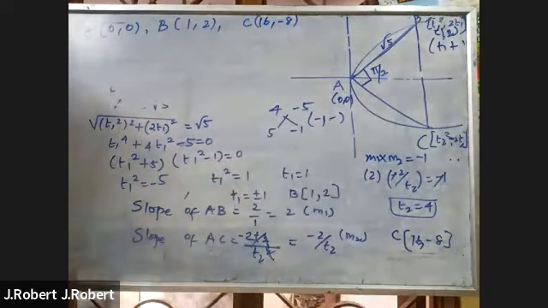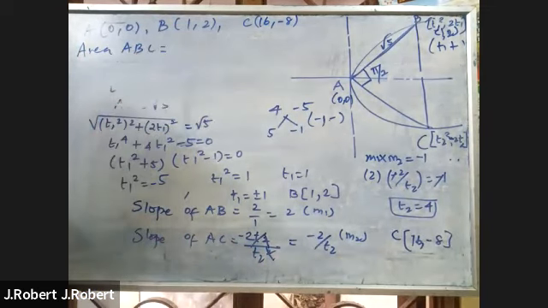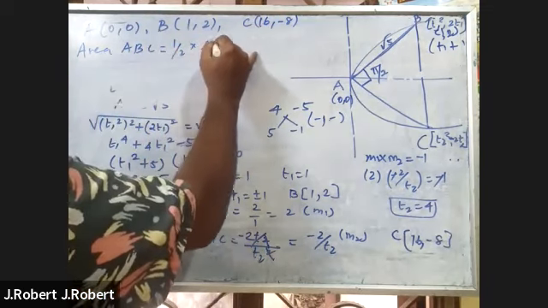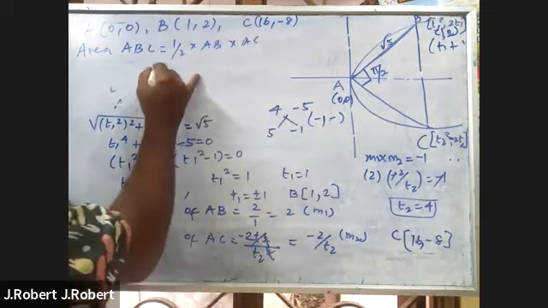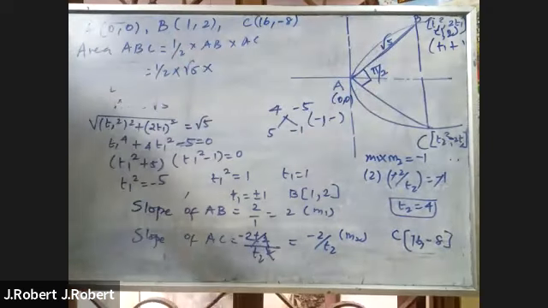So actually I have to find the area of triangle ABC, which is a right angle triangle: 1 by 2 into AB into AC. AB is already given in the formula, which is root 5.